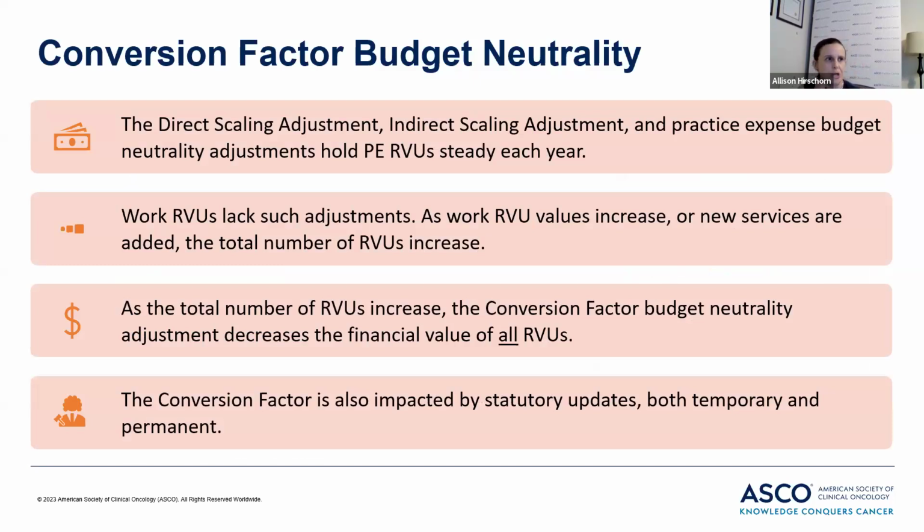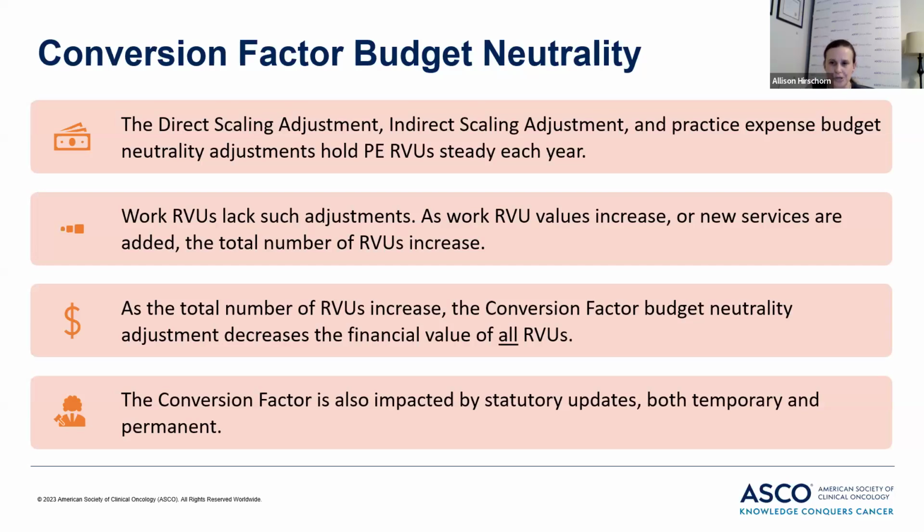In regards to budget neutrality, scaling adjustments and budget neutrality hold PE RVUs relatively steady each year. Changes in the conversion factors and the associated direct scaling adjustments offset one another. But this is not the case with work RVUs. As work RVUs for services increase or new codes are added with corresponding RVUs, the total number of RVUs in the pot increase.